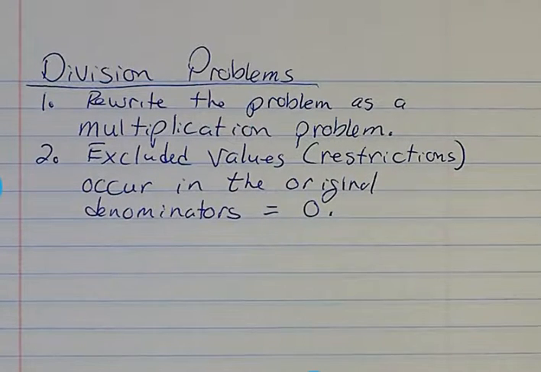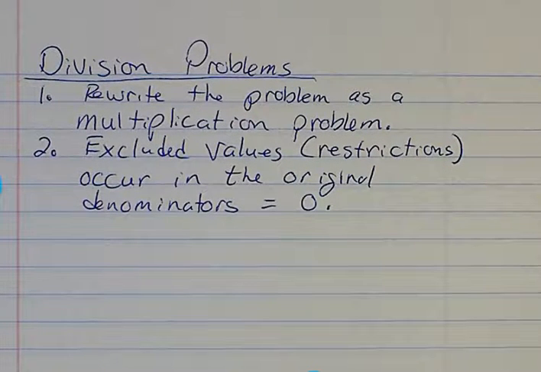On this part of it, they're not going to ask you about the excluded values, or what sometimes they call restrictions. They kind of go back and forth in Section 8.4. But if they talk about the excluded values or restrictions, we're going to only say it's the original denominator equal to 0. But I think in this one, because sometimes there's some confusion, where after you rewrite it, sometimes they'll talk about it, we've purposely picked problems where we're not going to worry about the excluded values. They're just going to ask you to simplify it and go from there.